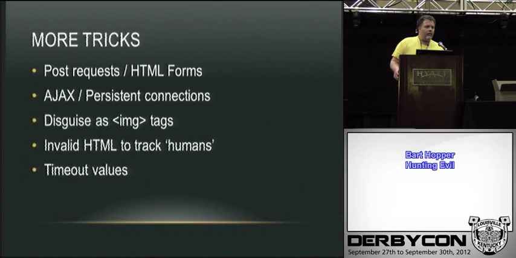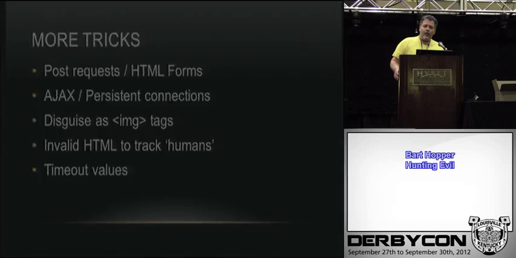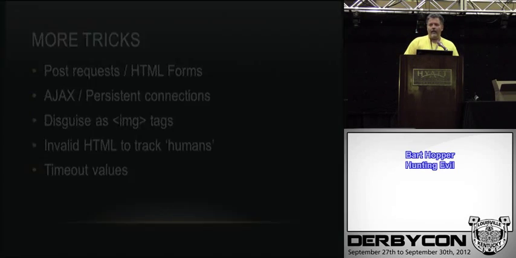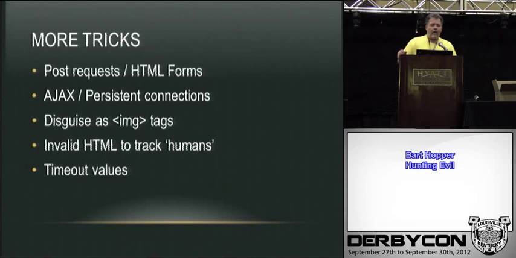When the browser goes to retrieve the image page, it's not there, and so the web server returns a 404 page that has embedded JavaScript. They may also send invalid HTML with spaces that the user has to correct. That way it can avoid automatic analysis engines. And they can monkey around with the timeout values on the server.